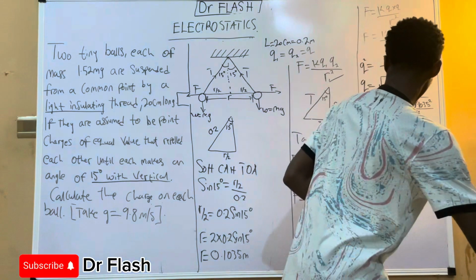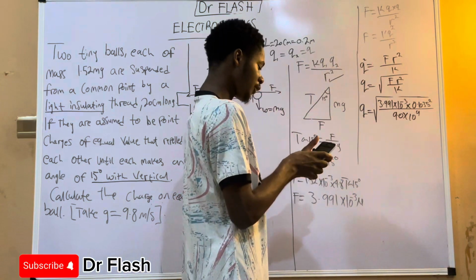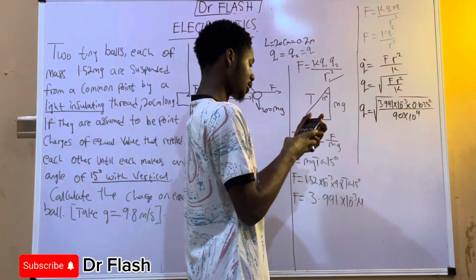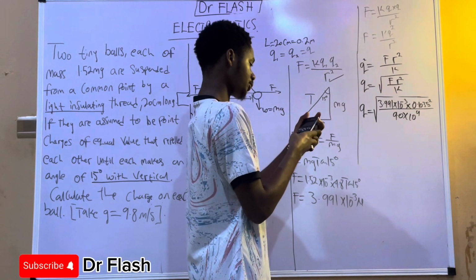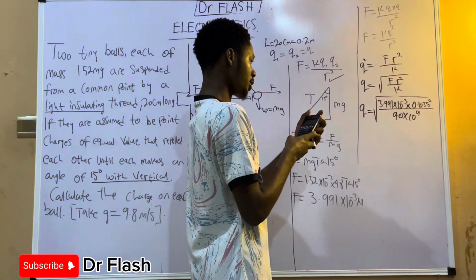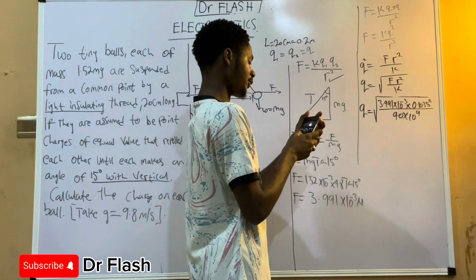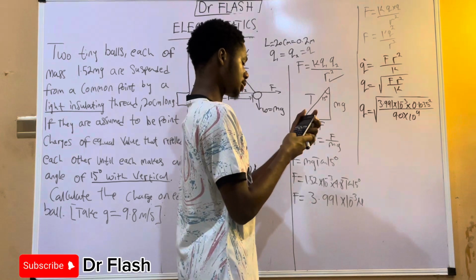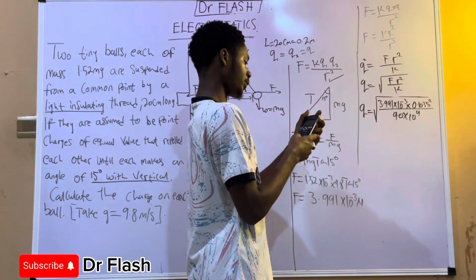Now solving for the final answer, we have the square root of 3.991 times 10 to the power of minus 3, times 0.1035 squared, divided by 9.0 times 10 to the power of 9.